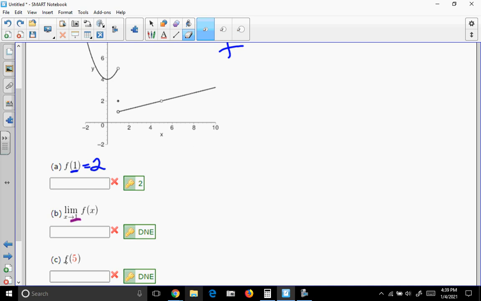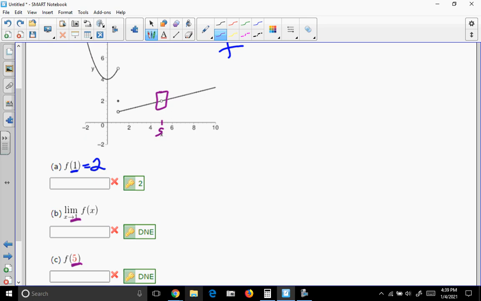So then what is f of 5? So there in the function is the x value. Here is where x is 5. Is there a point that has an x value of 5? And the answer to that is no. If we look right there, there's something missing.